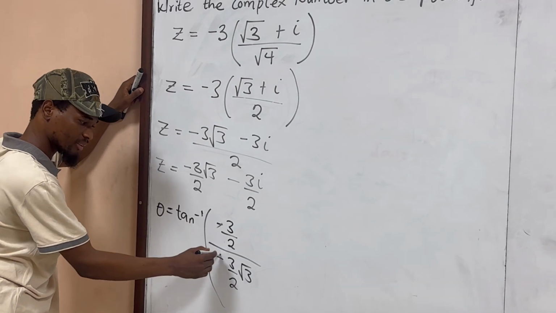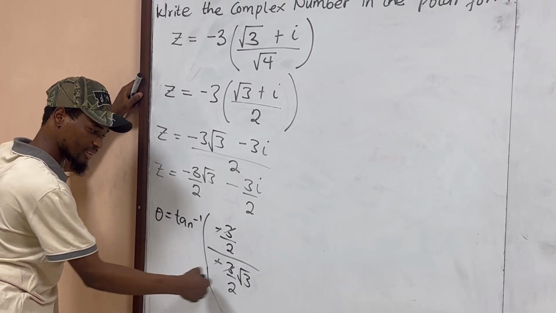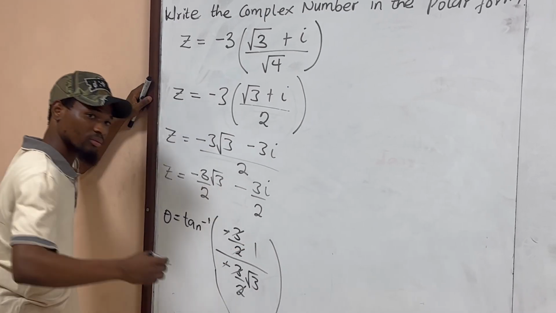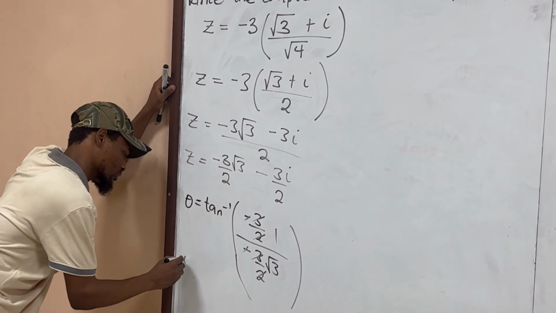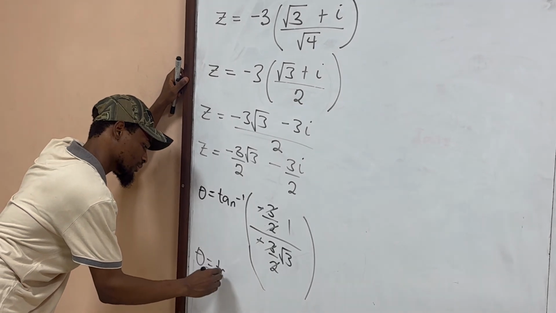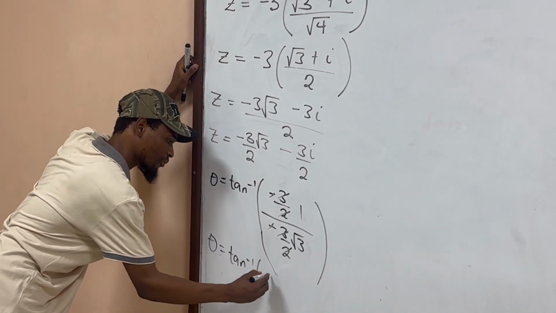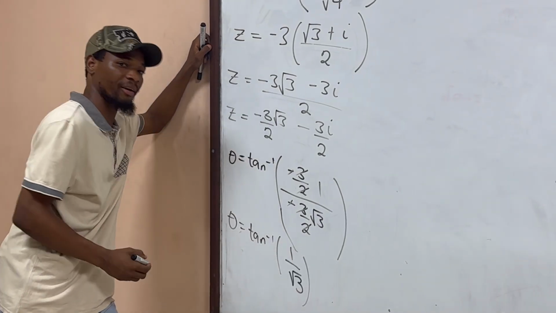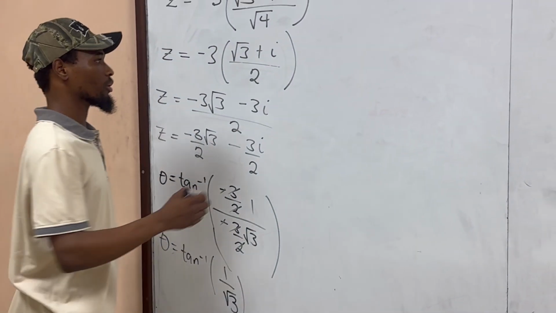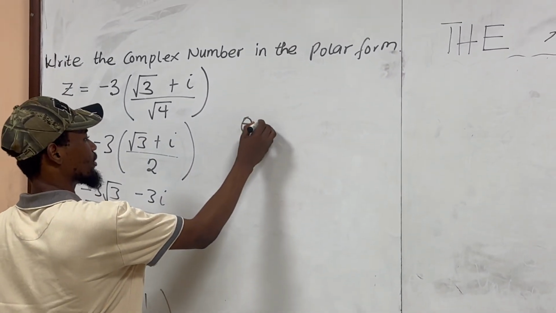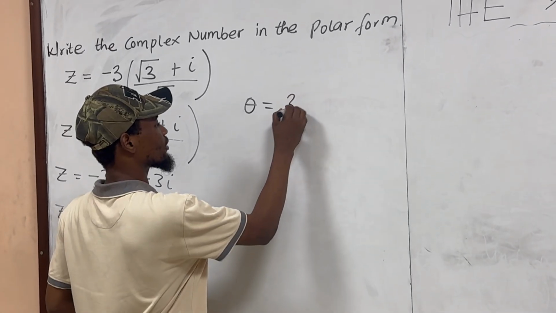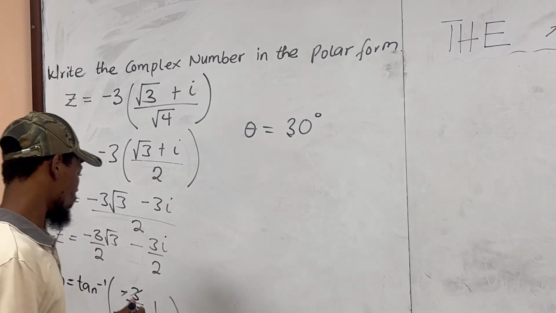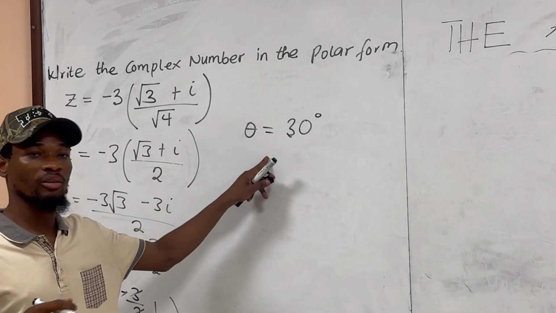So negative cancels negative, this 3 cancels 3, 2 cancels 2. I have 1 over root 3. So theta is equal to tan inverse of 1 over root 3. So theta is 30 degrees. Is this the actual angle?